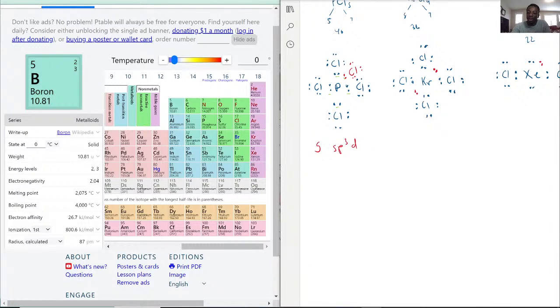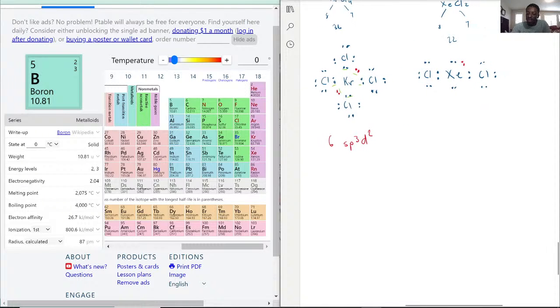Krypton is going to be 1, 2, 3, 4, 5, 6. So krypton is also showing the 6, sp3d2 hybridization. And xenon, if we count the things attached to it, 1, 2, 3, 4, 5.